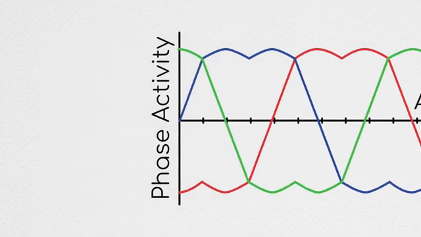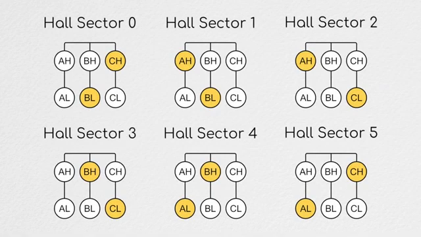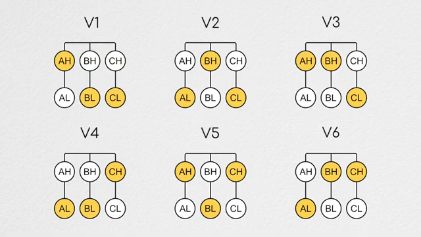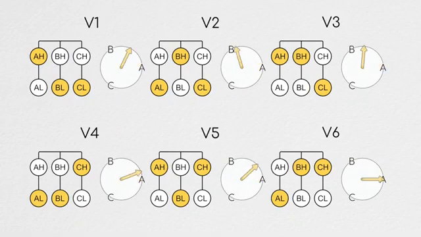So, instead of the configurations we use during the forced phases of block commutation, we will use the 6 configurations which involve having all 3 phases connected in order to drive current. I'm going to describe these voltage configurations as voltage configuration 1, 2, 3, 4, 5, and 6. Obviously, just like with block commutation's voltage configurations, each of these 6 configurations points to a unique and discrete angle.